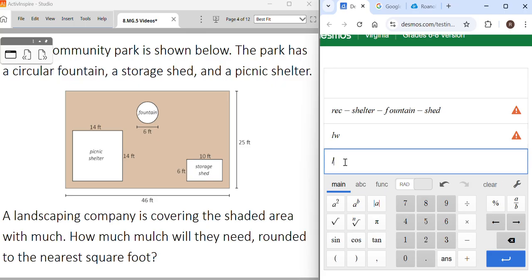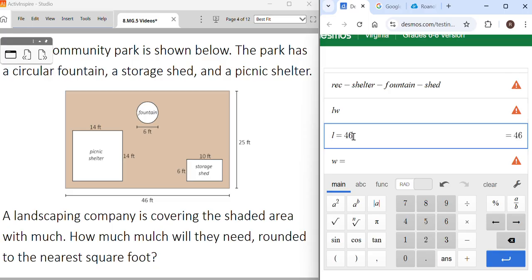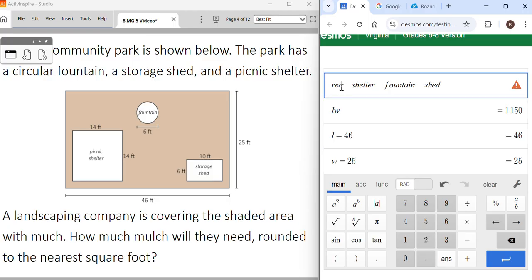So we have to tell our calculator the L and the W. So this is 46 by 25. So let's put those numbers in, 46 and 25. And that gives us an area of the whole thing, okay? That is 1,150. So I'm going to replace the recreation area right there with 1,150.